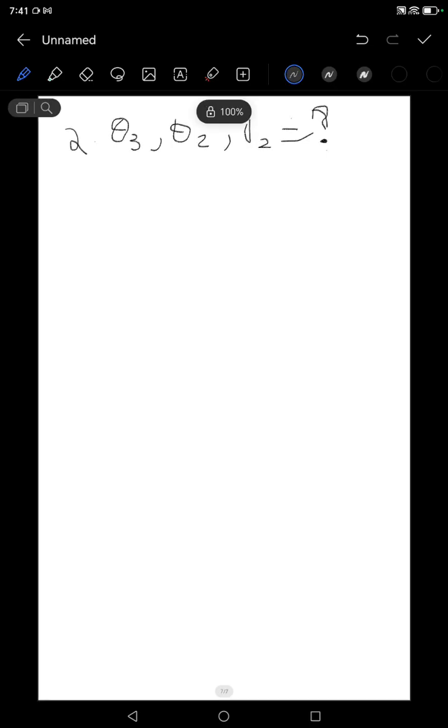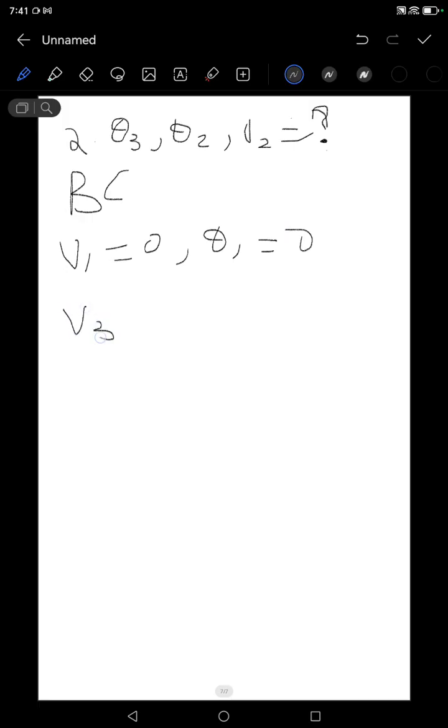So we're going to look for this theta 2, theta 3, and V3. Our boundary conditions: V1 is equal to 0, theta 1 is equal to 0, and V3 is also equal to 0 because there's no movement in the vertical direction.